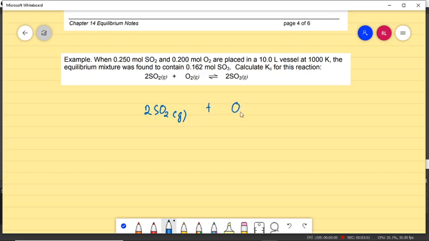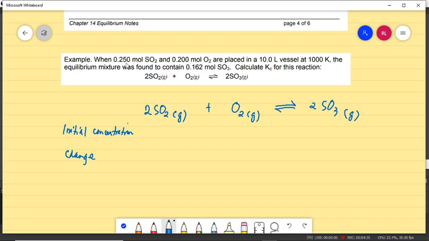Let us write here the initial concentration, our I, and then the change. So what is the initial concentration of sulfur dioxide?